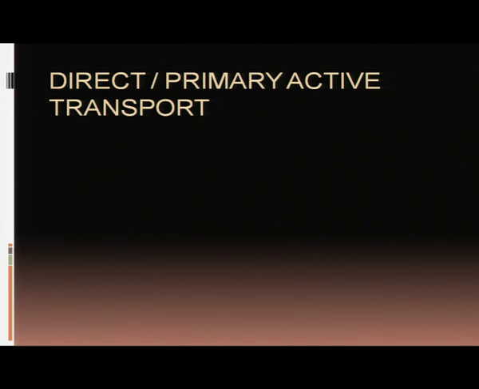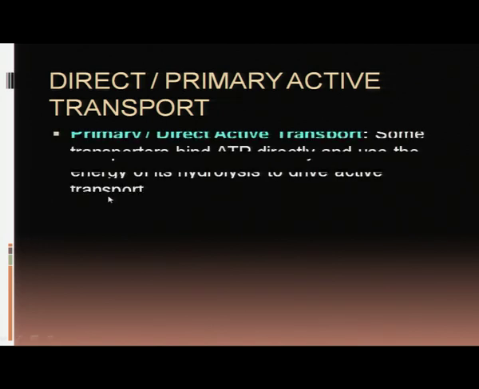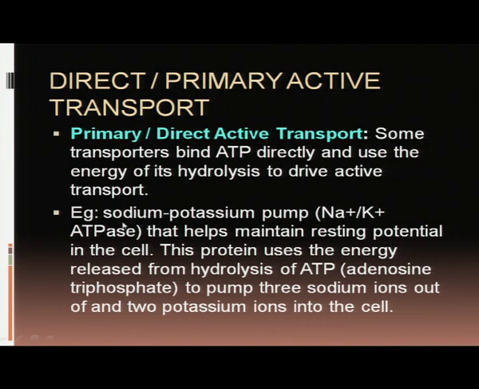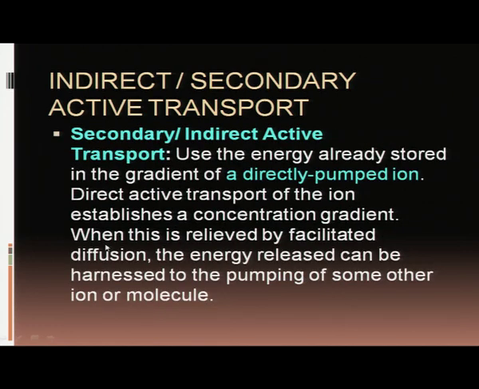Active transport can be of two types: direct or primary, and indirect or secondary. When the ATP is used directly, it is known as direct or primary active transport. For example, in the sodium potassium pump, the energy is used directly and it is obtained from the hydrolysis of ATP. In indirect or secondary active transport, the energy of an already stored gradient is used for transport of another material.